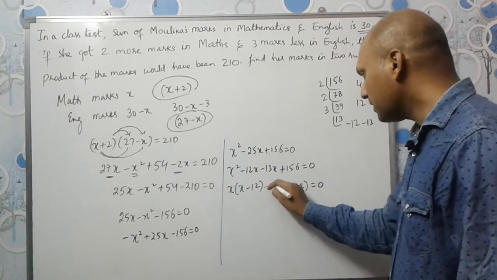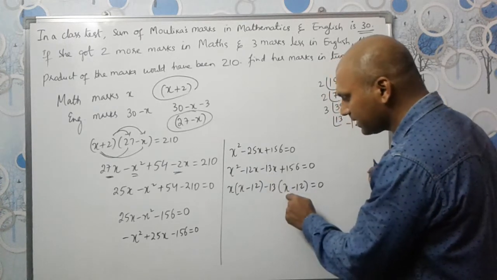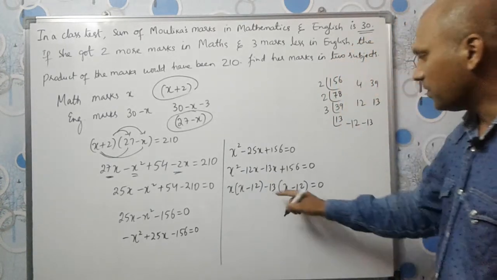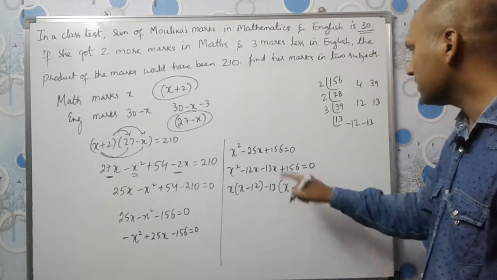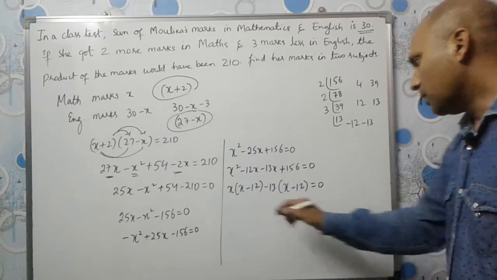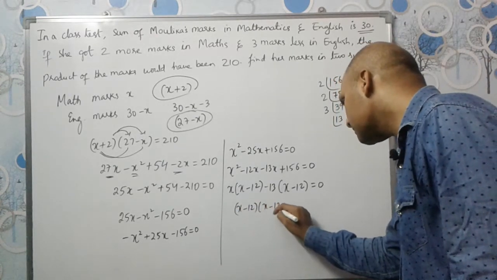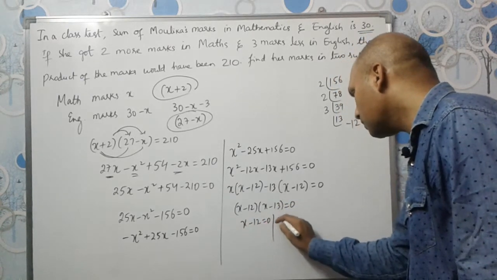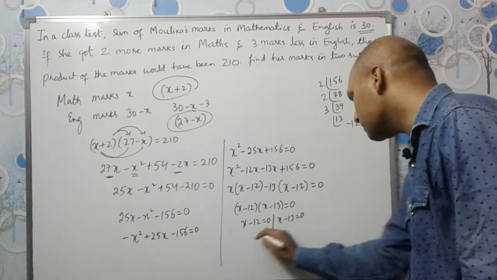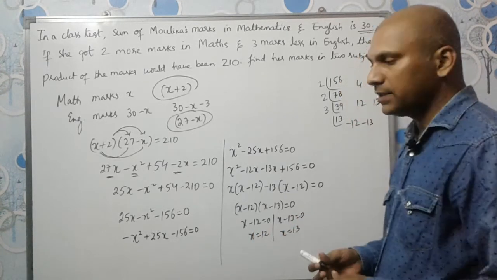Outside the bracket minus 13, because we need 13x. If you multiply by 13 we'll get 13x, and 13 into 12 is 156. Now this is x minus 12 and x minus 13 is equal to 0. So x minus 12 is equal to 0 and x minus 13 is equal to 0. So x is equal to 12 and x is equal to 13.